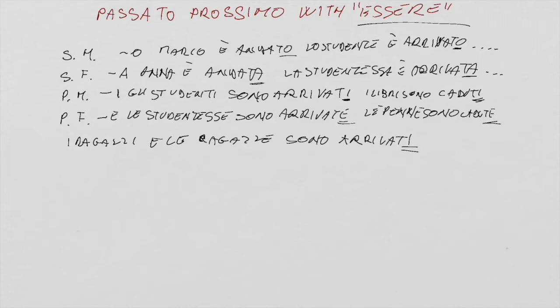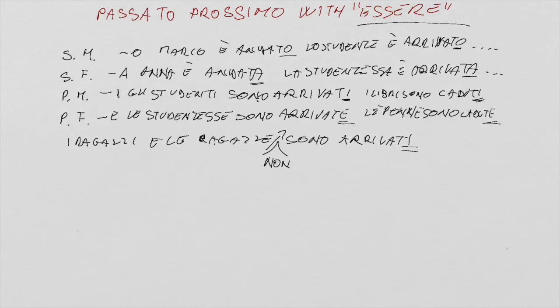To make a negative passato prossimo, you simply add non in front of it. For example, i ragazzi e le ragazze non sono arrivati. So the boys and girls haven't arrived.